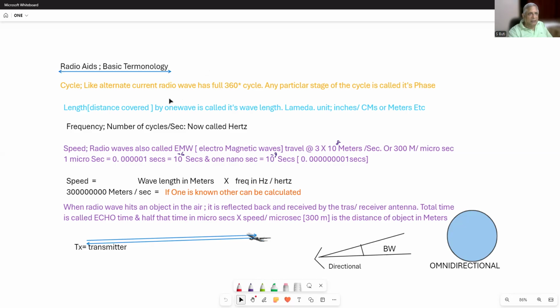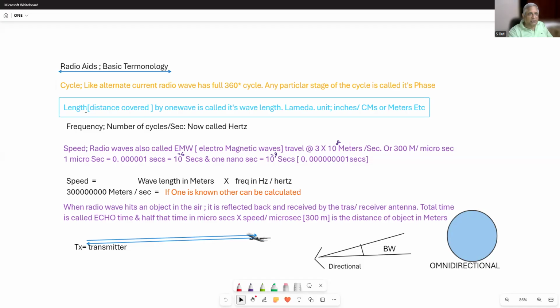Like AC, alternating current, these radio waves, also called electromagnetic waves, also have a cycle. And any particular stage of that cycle is called its phase.